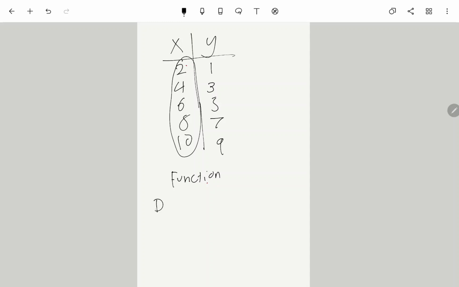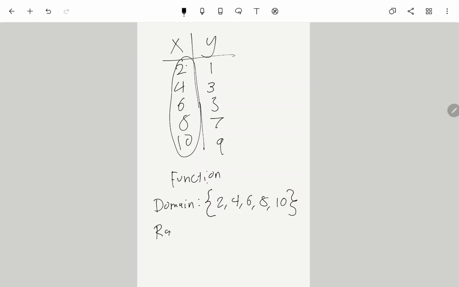And domain. So the domain, remember, in a table is the numbers in x. All x numbers. So you need to put the bracket, and then put 2, 4, 6, 8, and 10, and close the bracket.